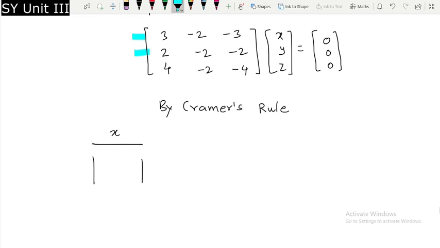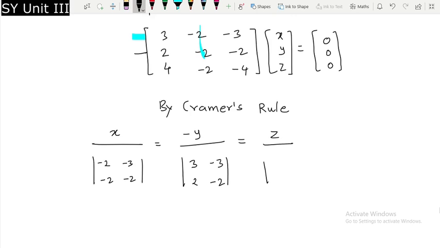Since I am finding the variable x, leave the coefficients of x and directly take the determinant of minus 2, minus 3, minus 2 and minus 2, which is further equal to minus y, don't forget this minus sign, upon the determinant of, now forgetting the coefficients of y, 3, minus 3, 2 and minus 2, which is equal to z upon the determinant of, now cutting out the coefficients of z, and what is left is 3, minus 2, 2 and minus 2, which is equal to some t.